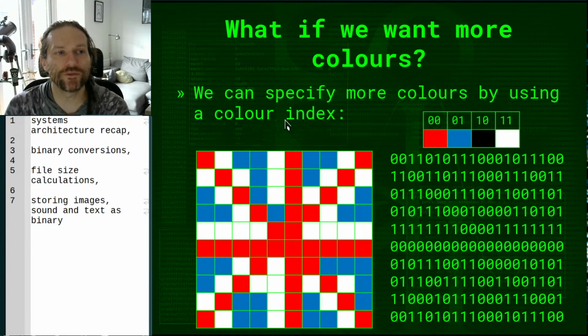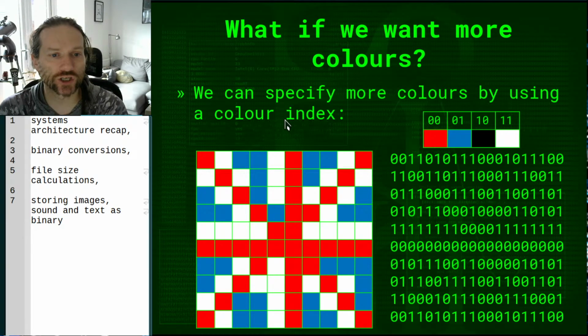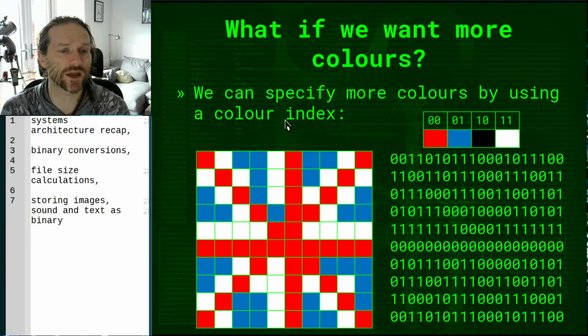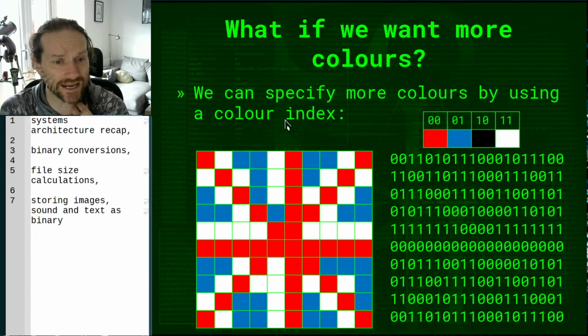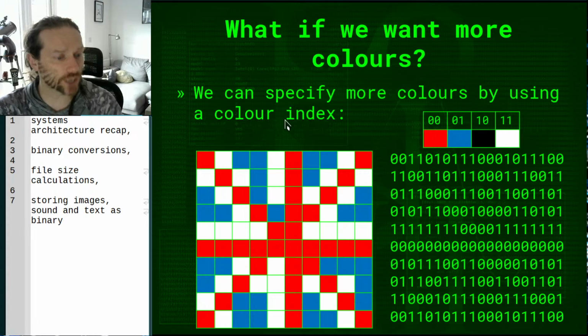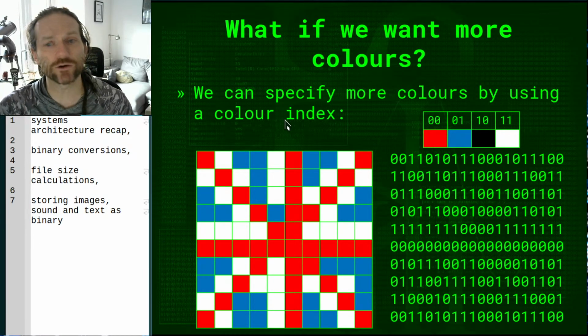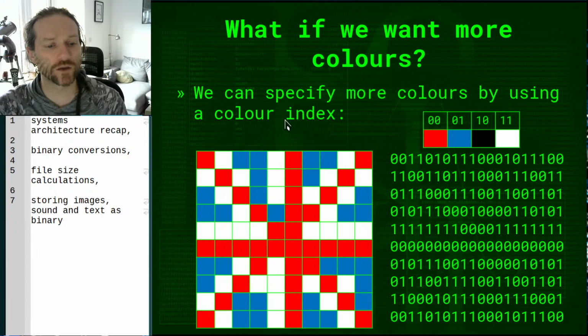If you have 1 bit per pixel, you can have 2 colors. 2 bits per pixel, 4 colors. 3 bits per pixel, 8 colors. 4 bits per pixel, 16 colors. 5 bits per pixel, 32 colors. 6 bits, 64 colors. 7 bits, 128 colors. 8 bits per pixel, 256 colors, and so on and so forth. Adding a single bit per pixel will double the number of colors that those pixels can be.